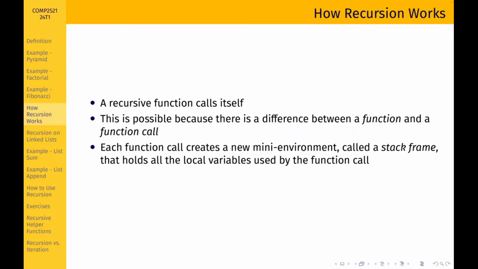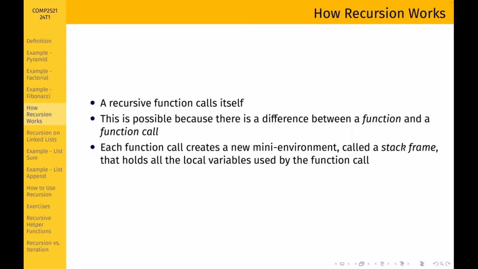A function is just a set of instructions that the computer follows. Think of a function as like a recipe for something. So you just have one recipe, and a function call is a specific instance of the function.